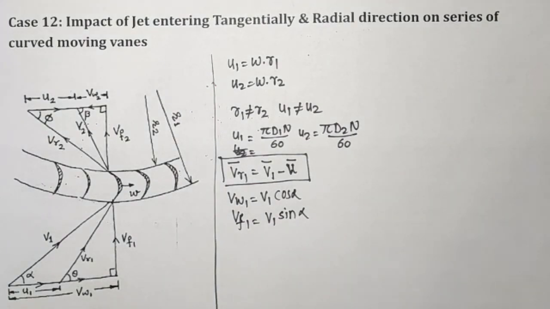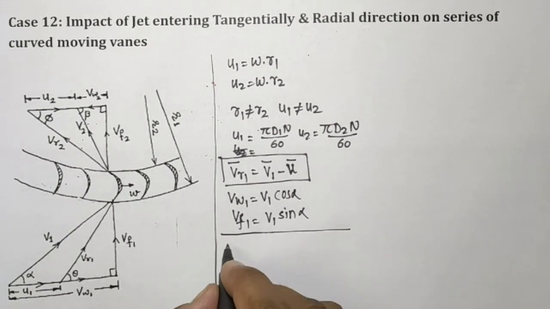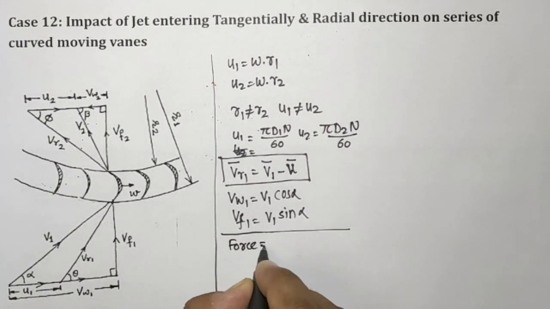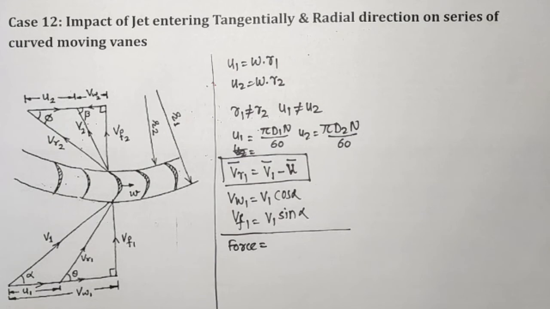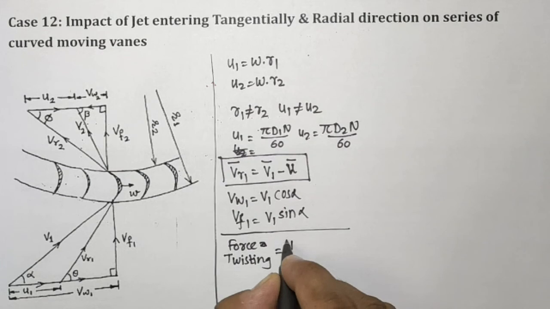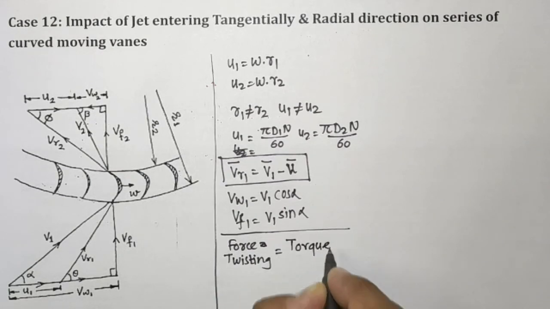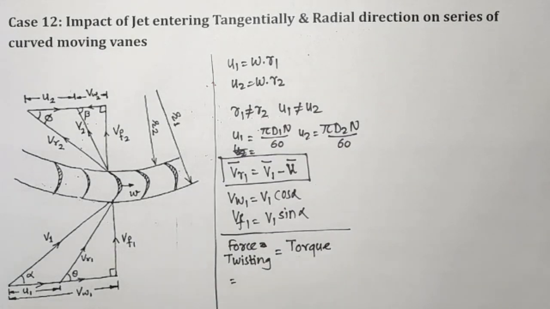Okay, now we will try to write down the equation for force. Here in this case we have to consider a twisting force. What is twisting force? This is also known as torque. What is torque? Torque is nothing but the rate of change of angular momentum.